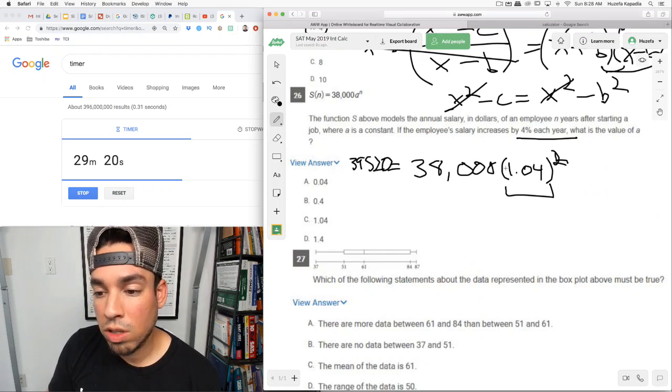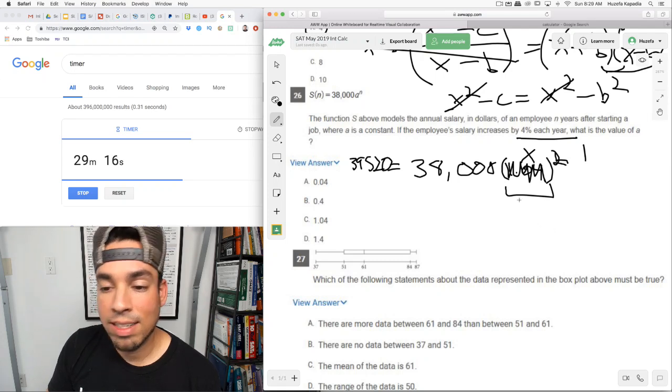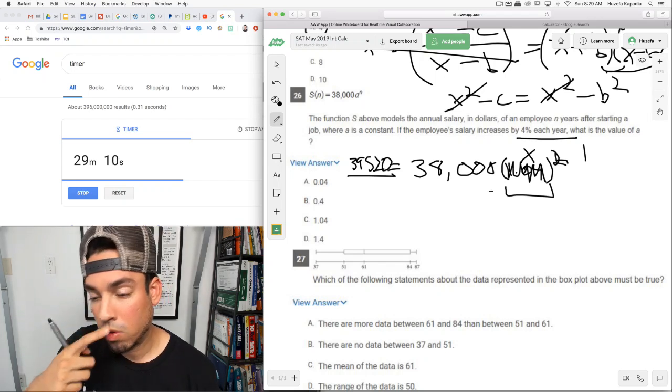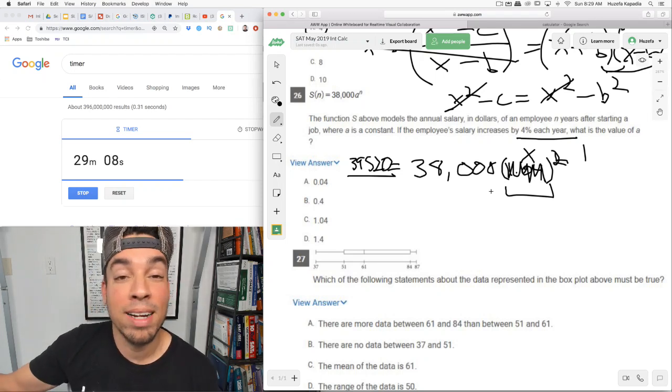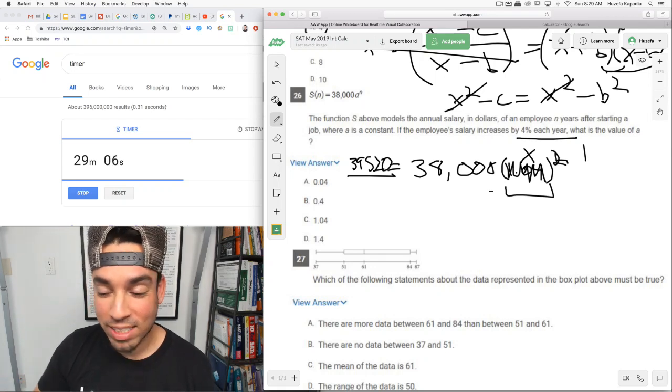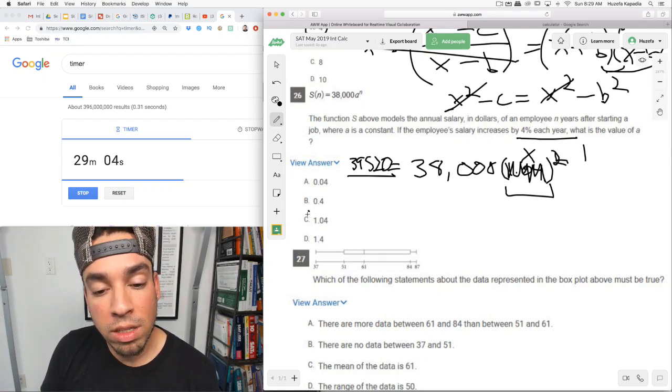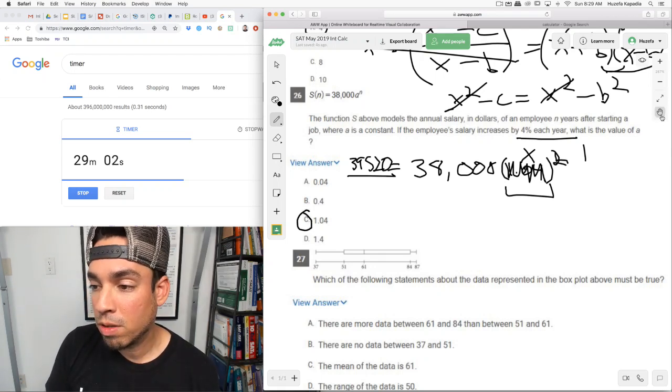And if you didn't know this, we could have put an x in here and put a 1 here and solved for x. We could have divided this value by 38,000, and you're going to come back to what you just did with 1.04, which is kind of funny. But anyways, that's a way to deduce it and figure it out if you don't remember the formula.